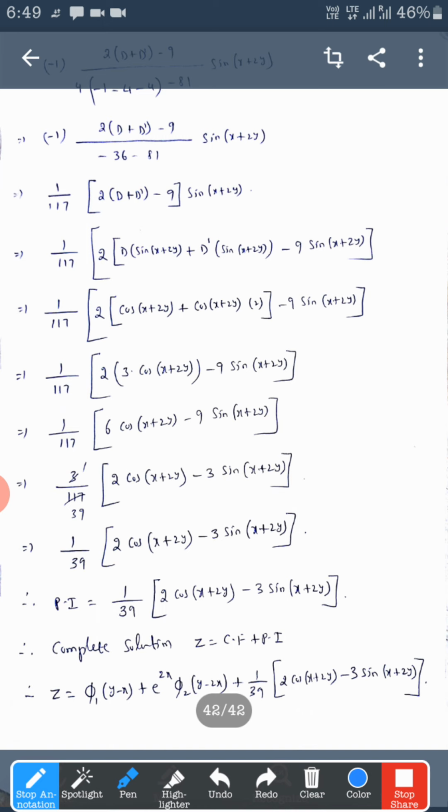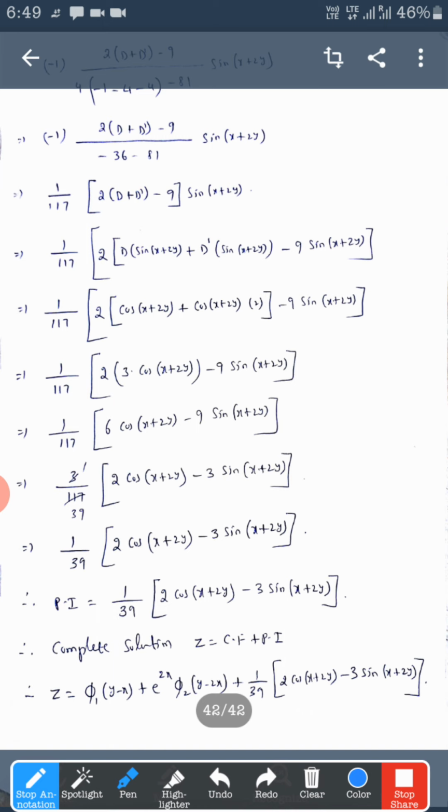That's why we are writing here 2 into cos of x plus 2y minus 9 into sin of x plus 2y. After multiplying this one, 2 into this 2 cos of x plus 2y plus cos of x plus 2y becomes 3 cos of x plus 2y. 2 plus 1, 3.